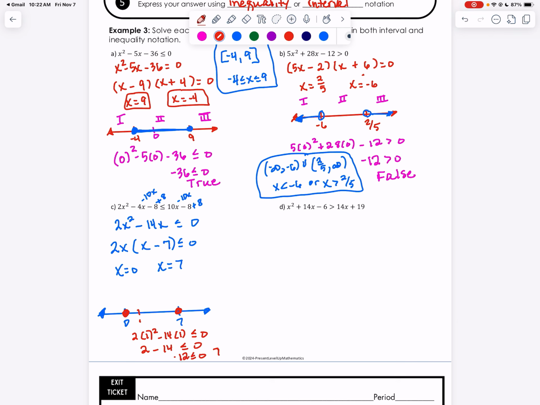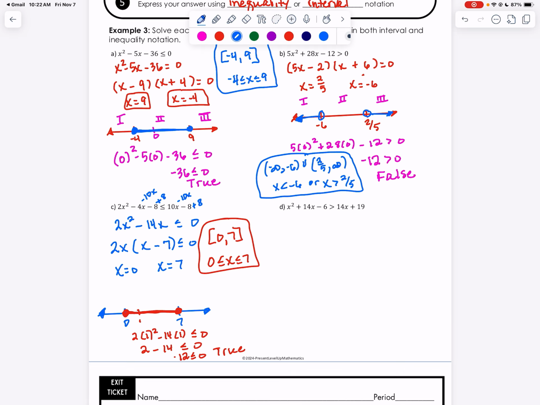That is true. So if it's true, that means your solution set falls in between the 2 zeros. So to write that in interval notation, it would be 0 to 7. Inequality notation would look like this. 2 different ways of writing your solution.